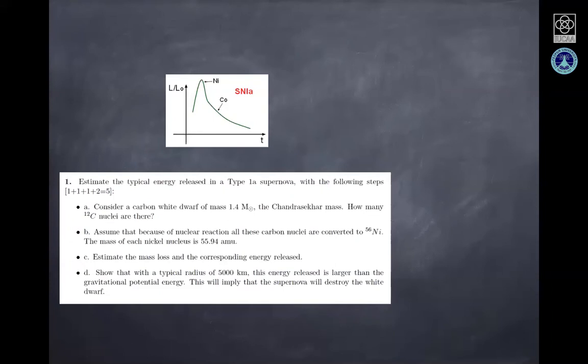So not all of this is going to get converted into nickel. That estimate is actually giving the total energy, so a large part. It is a very, very rough estimate I had done. Sometimes we take limits in order to do quick estimates.